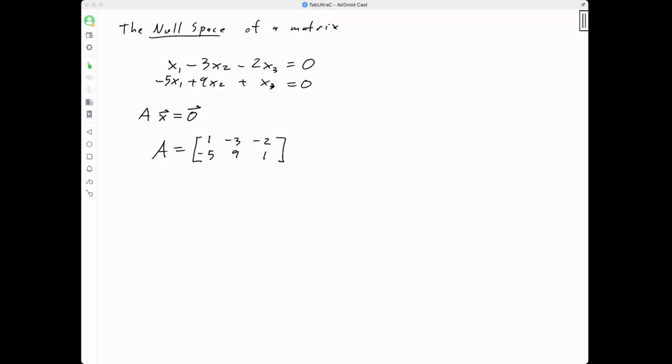So given that A, we say the solution set of AX equals 0 is the null space of the matrix A. That's how we define the term null space.